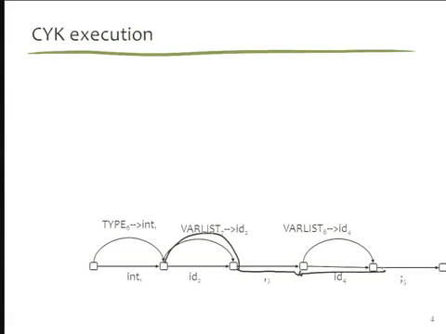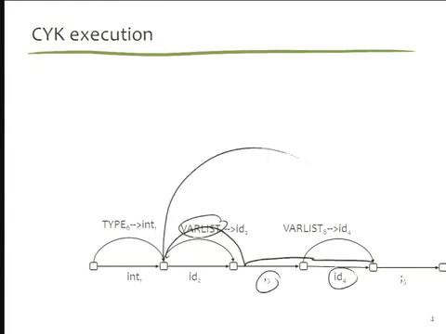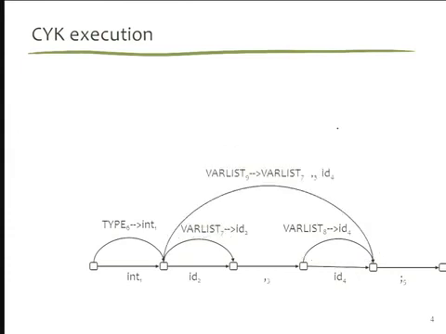So not this, but that. So var list, comma, ID is the right-hand side. And what do we do? We place this edge for another var list. So from var list, we can derive both this and that, and the whole thing as well. All right? What's the next step?